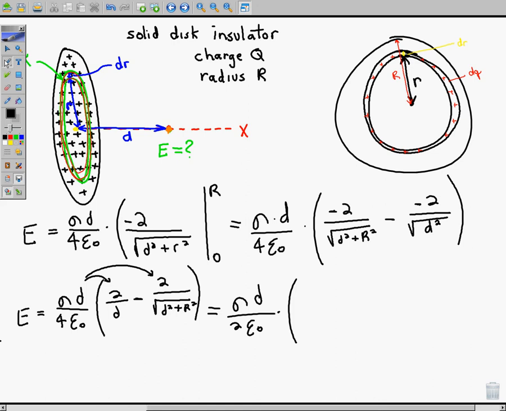Pull the 2 out and distribute the d. Anyone? 1. 1 minus d over the square root of d squared plus r squared.